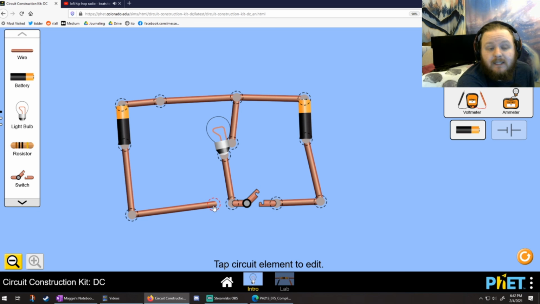Our model tells us that what should absolutely happen, at least at the get-go, is that this thing should be bright. And of course it is. There's current flowing. You've got a resistive element and a battery in circuit with one another. Well, let's see what happens when we close the switch.